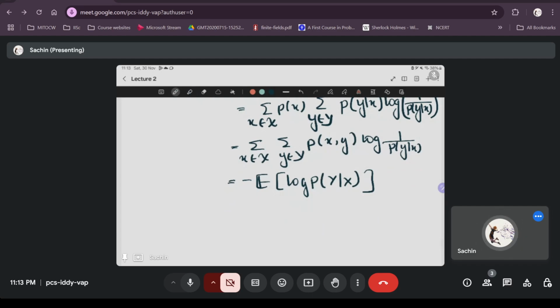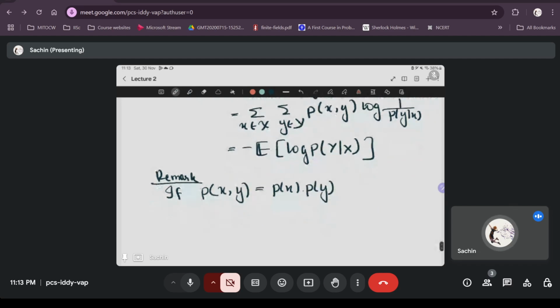So here, a remark is: if these are independent random variables, that is, the joint probability distribution is equal to the product of the individual probabilities.